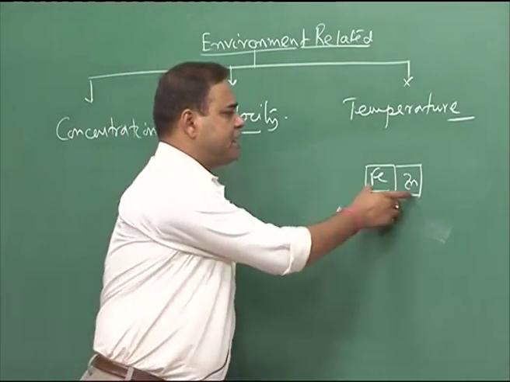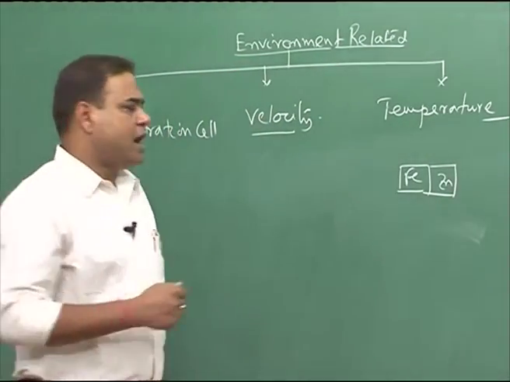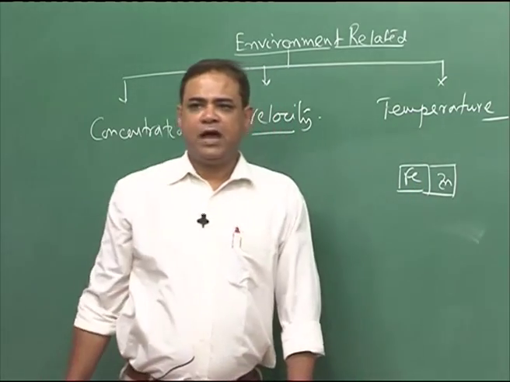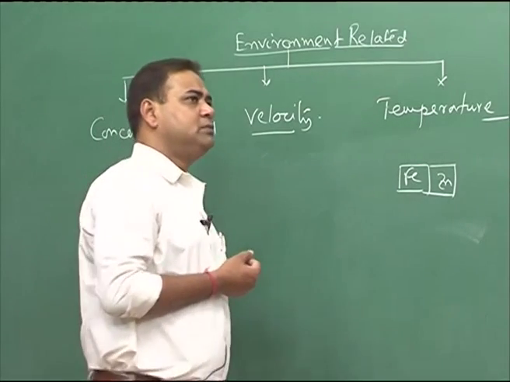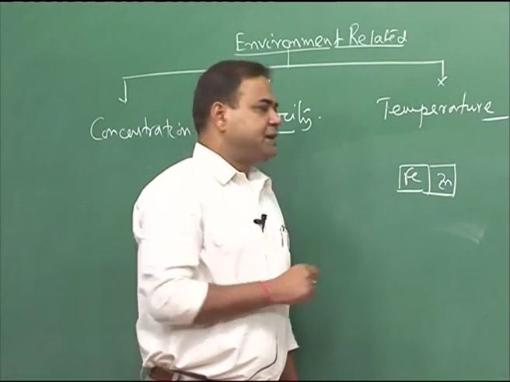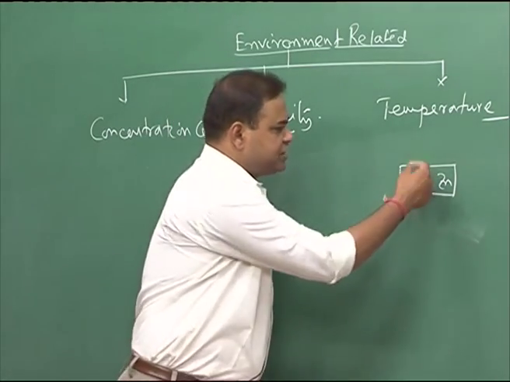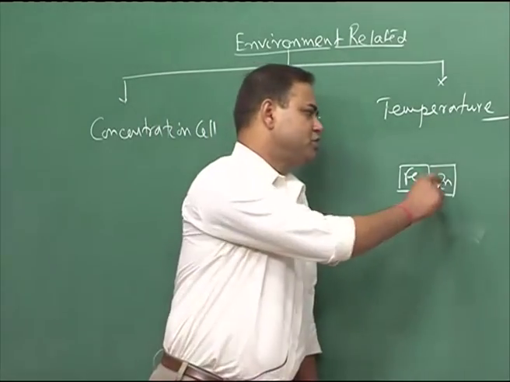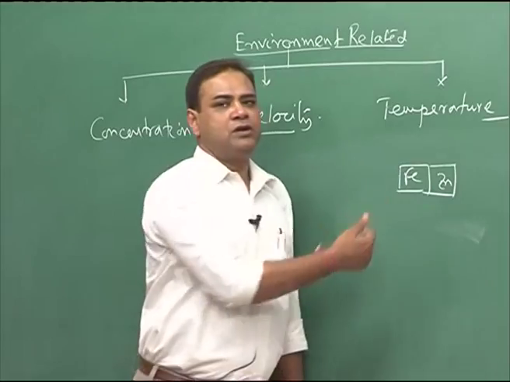If we have iron and zinc coupled, then below a certain temperature, iron will act as cathode and zinc will act as anode, and on the zinc surface zinc hydroxide will form. But if we increase the temperature of the system, then the zinc hydroxide will convert to zinc oxide. Instead of zinc hydroxide, zinc oxide will form on the zinc surface, and zinc oxide is cathodic to iron.